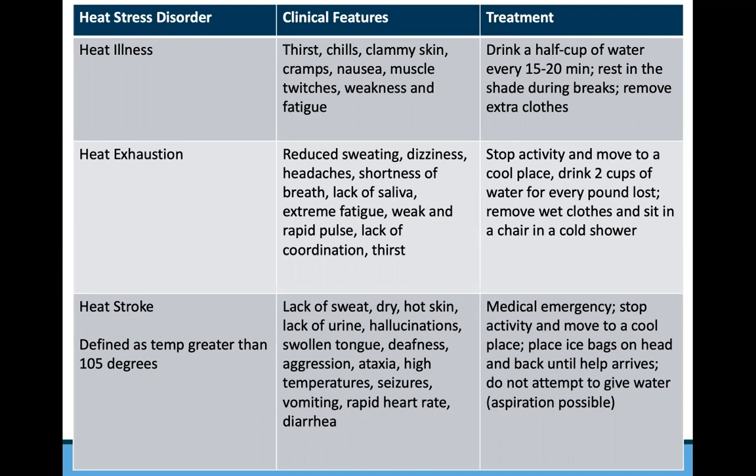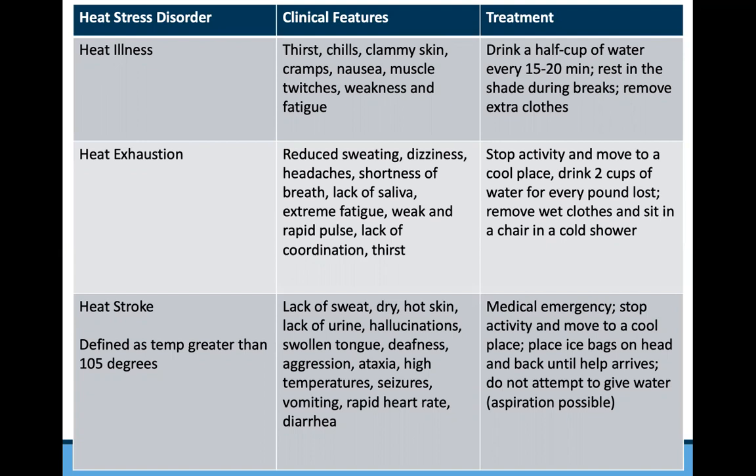Heat exhaustion is more severe. Here, we note that the child may stop sweating, that dizziness may be present, headache, shortness of breath, lack of saliva, extreme fatigue, weakness, weak rapid pulse, lack of coordination, as well as thirst. In this case, we want to stop the activity and move the child or adolescent to a cool place, have them drink 2 cups of water for every pound lost, which would be difficult to know exactly if you're not weighing them on the sidelines, but encouraging them to drink more water is the ultimate goal here.